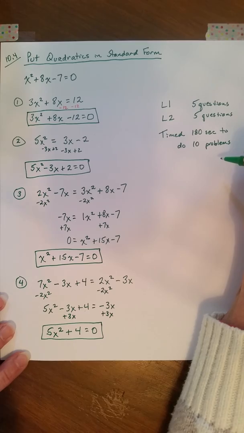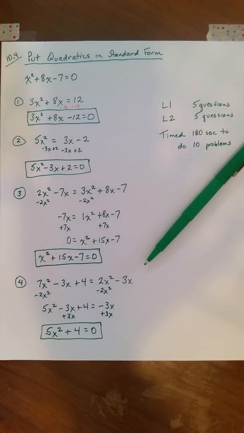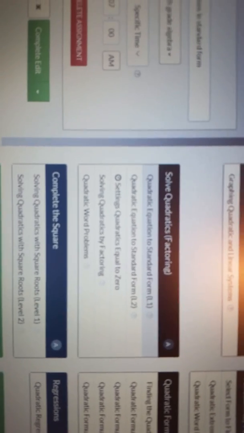When you go to Delta Math, you'll see those 3 assignments. Let me show you what I see: quadratic equation to standard form L1, quadratic equation to standard form L2, and then setting quadratics equal to 0, and that's timed. I think that's kind of fun to do.